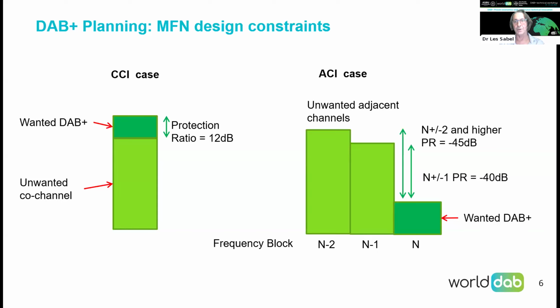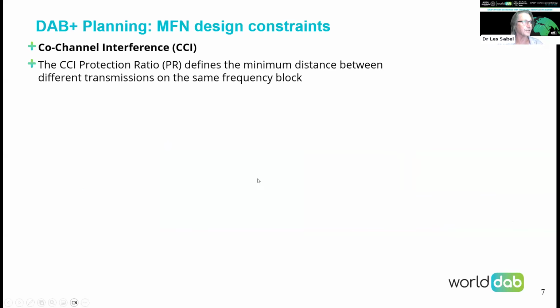And N plus or minus 2 and higher is 45 dB. So that gives a lot of license, you might say, to designers in terms of using adjacent channels, which is very useful in the design process. So the co-channel protection ratio defines a minimum distance between different transmissions on the same frequency block. And in particular, I've gone too far.